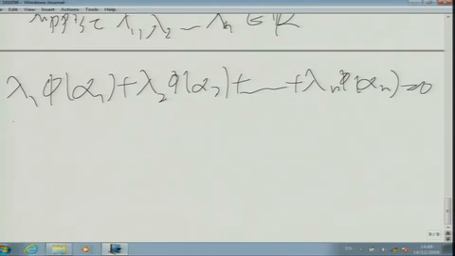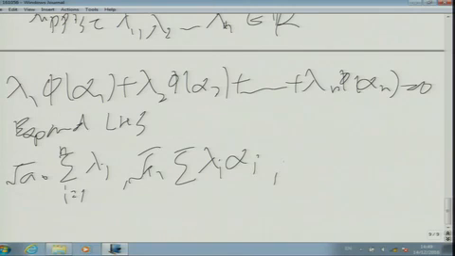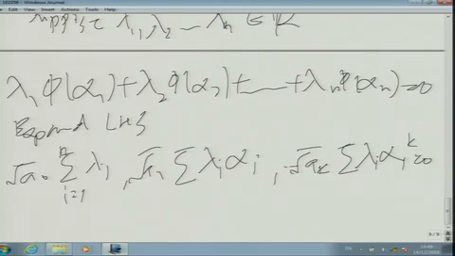So by expanding the left hand side, we get root a_0 summation of lambda_i with i equal to 1 to n, and root a_1 summation of lambda_i alpha_i to root a_k summation of lambda_i alpha_i to the power k are all equal to 0.